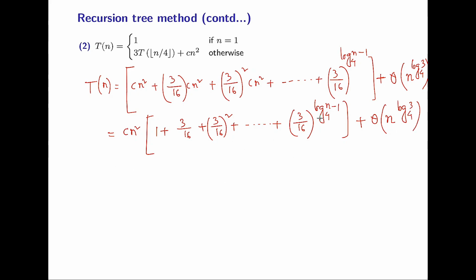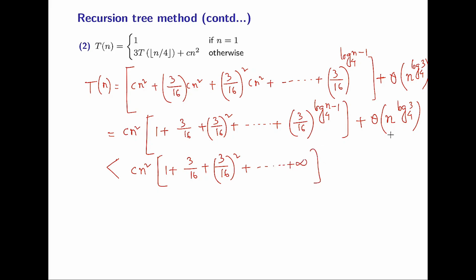Now here you see the last term is log n base 4 minus 1, so it looks a bit complicated. So what can we do? We know this is following a GP series, right? So if I extend this limit up to infinity, it will be less than, I'll tell you why I am writing this: 3 by 16 plus 3 by 16 square plus, now I will write plus up to infinity.